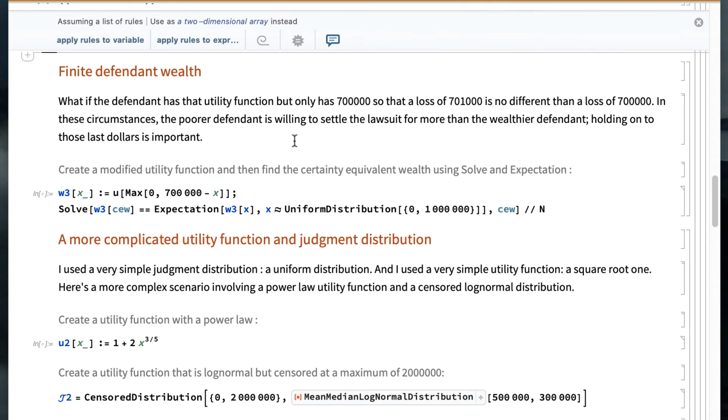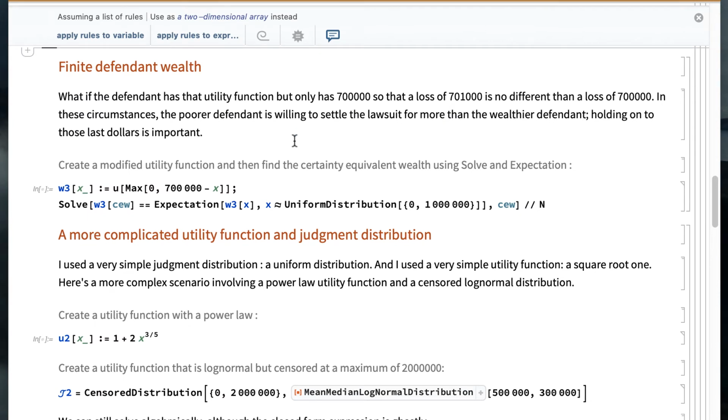Let's look at another scenario. Supposing the defendant has that square root utility function, but they only have $700,000, so that a loss of $701,000 is really no different to them than a loss of $700,000. You can't be more than bankrupt is the idea.